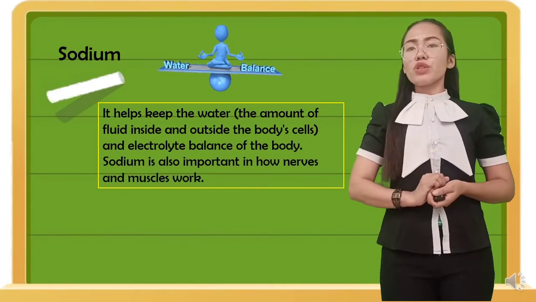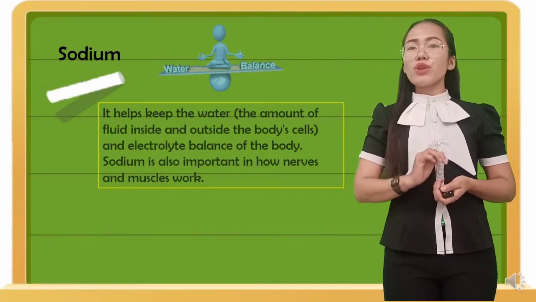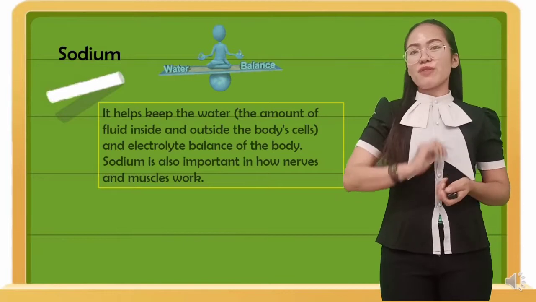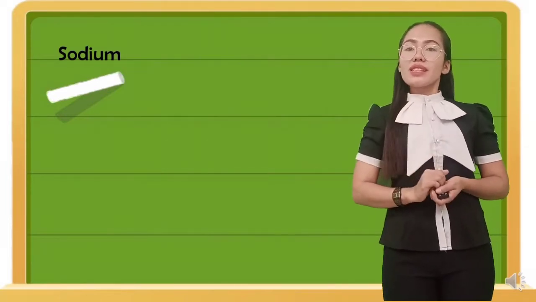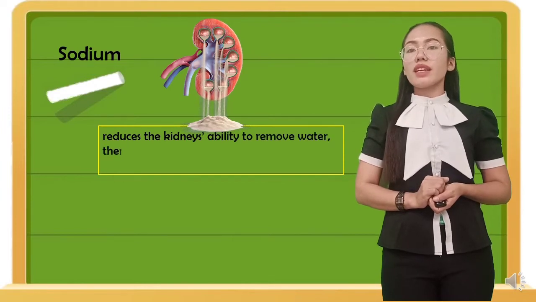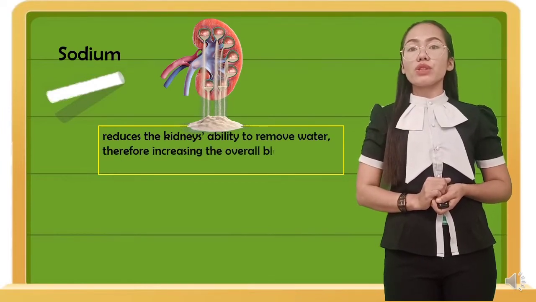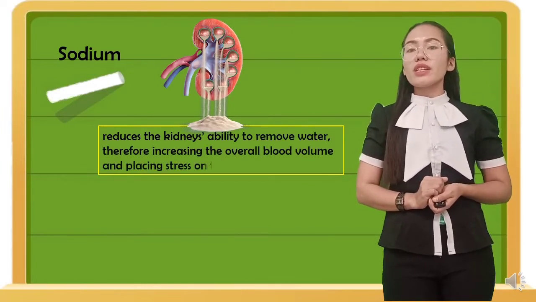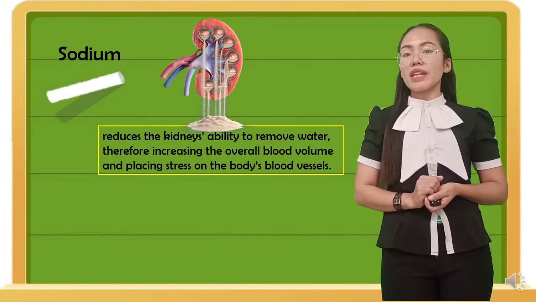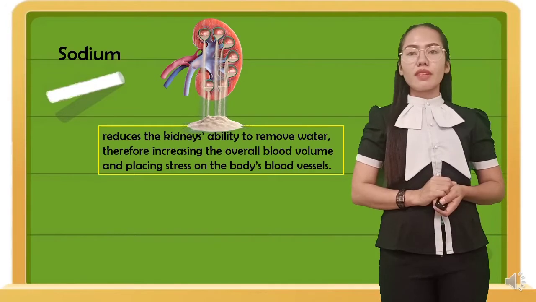If there is too much sodium in the body, what do you think will happen to our body? Yes, very good. The increased amount of sodium in the bloodstream reduces the kidney's ability to remove water, therefore increasing the overall blood volume and placing stress on the body's blood vessels.